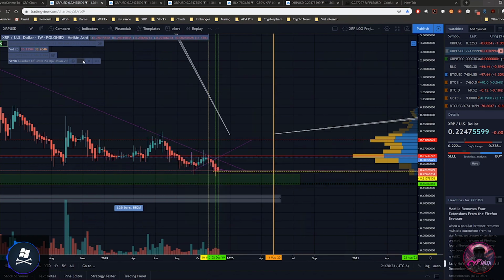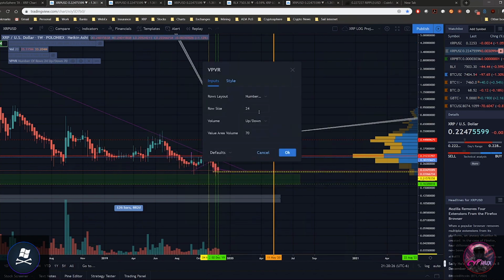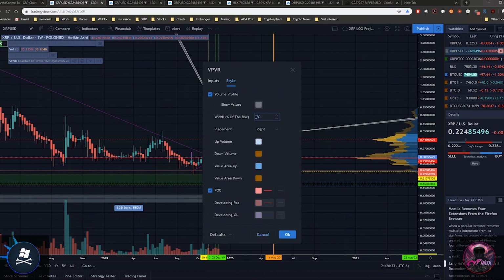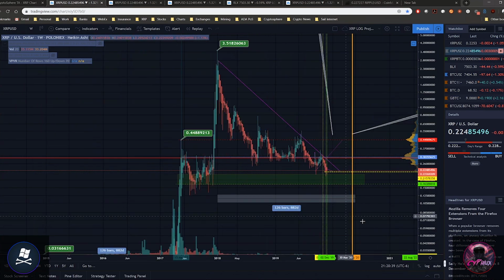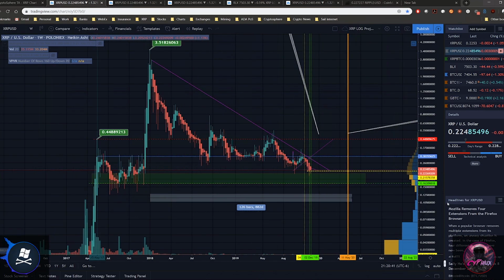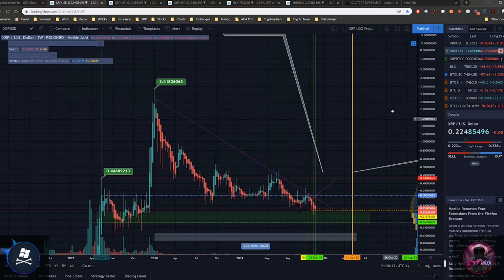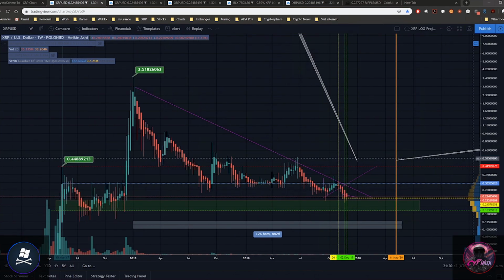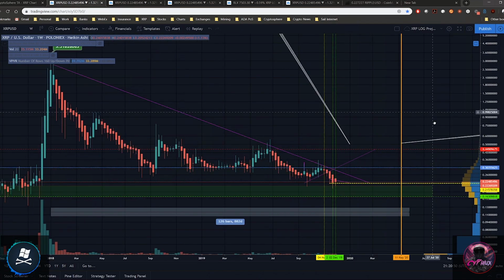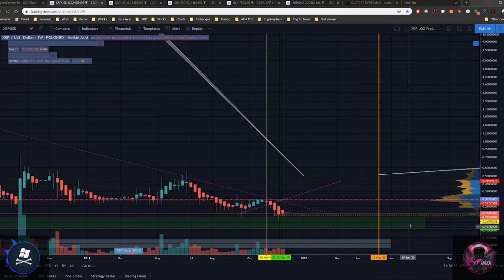Okay, so let me configure it really quick to my liking. I do a 160, and then I bring it in to like an 18, so it's not in my way. So as you guys can see, as I mentioned before, we can see visually where the resistance areas are by using the VPVR.